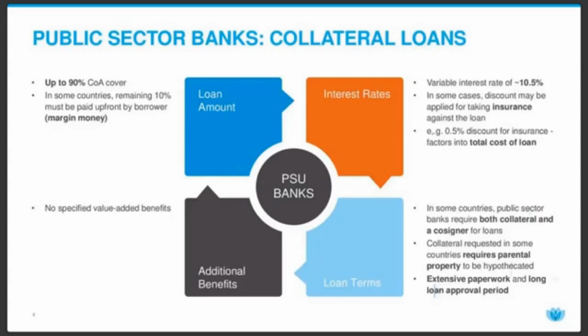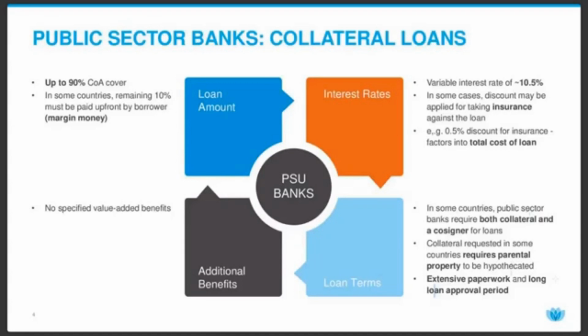And in a later stage, I will explain how you actually go about factoring in the cost of the loan to arrive at APR, annual percentage rate, how you compare loans. But for now, I think it's sufficient to know that there is an interest rate discount if you take an insurance with a public sector bank, but that also impacts the annual impact of your loan, the annual percentage rate.